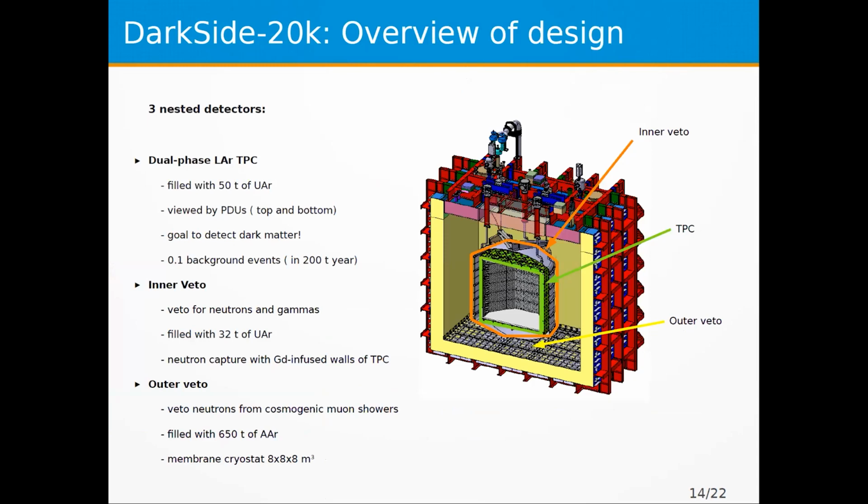So this is more or less the structure of the detector. It is in fact three nested detectors. Inside, as a core, is the TPC chamber, 50 tons of underground argon, with PDUs, the goal of course being to detect dark matter. We expect very low backgrounds there. Then it is wrapped by the inner veto, which is a veto for neutrons and gammas, and is filled with 32 tons of underground argon.